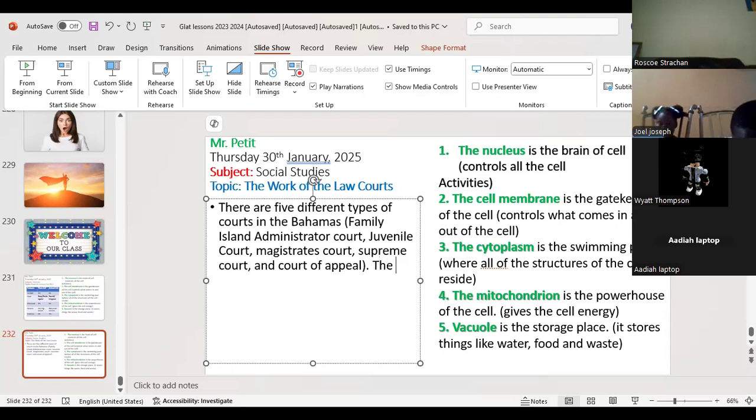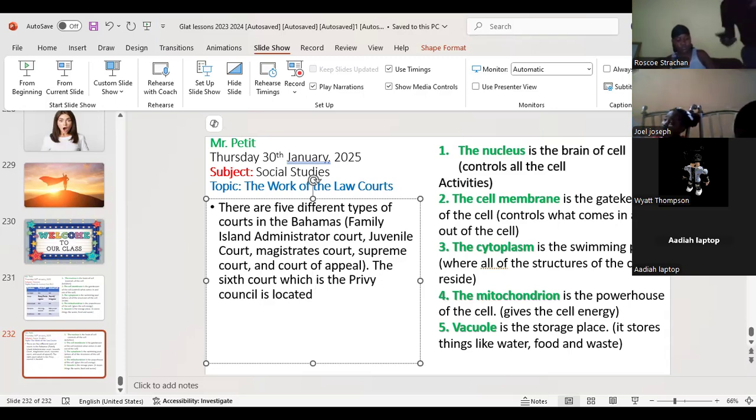So the sixth court, the Privy Council, is located in London, England.